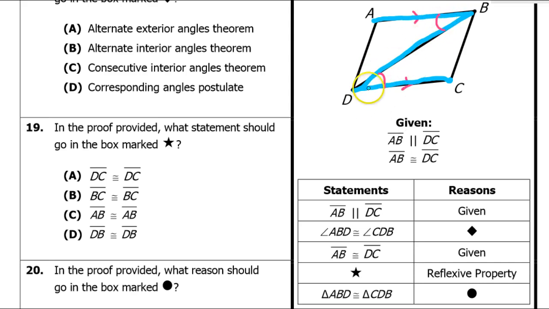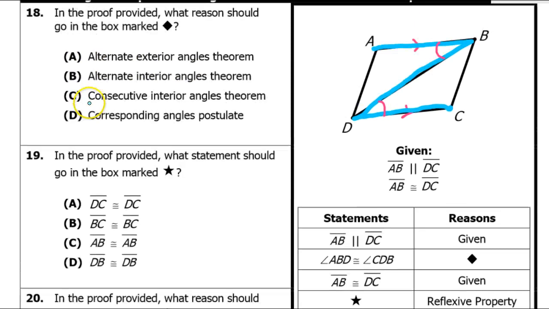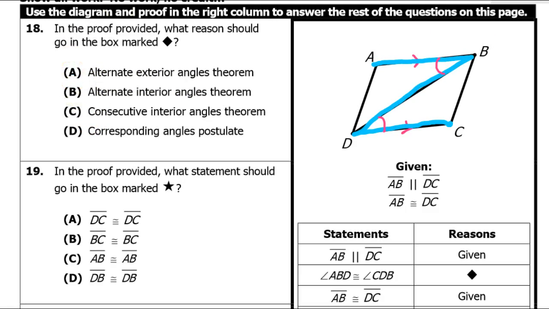These angles are called alternate interior angles, and what I just described was the alternate interior angles theorem. So that's why these two angles are congruent, and the answer to number 18 is B, alternate interior angles theorem.